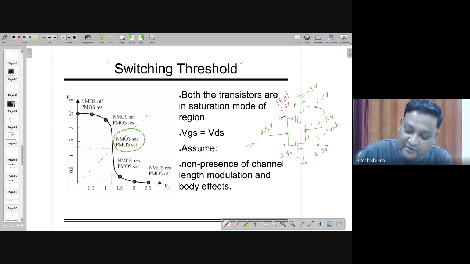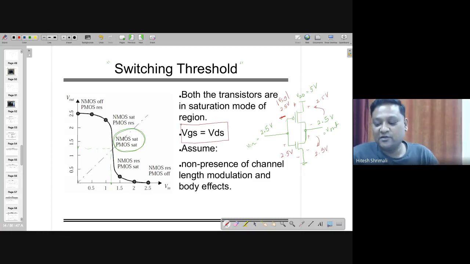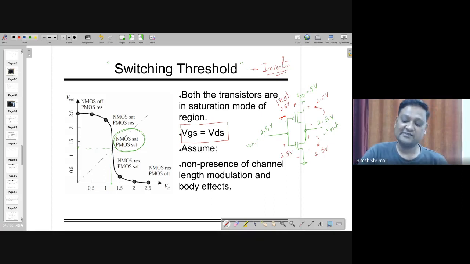So that's why I wrote the general equation that VGS will become VDS, and this is only valid for an inverter. What we are doing is only for the inverter. However, this analysis is expected to be extended for all the gates and all the sequential circuits, and in that case these numbers might change. But right now, whatever I've written is only for the inverter.